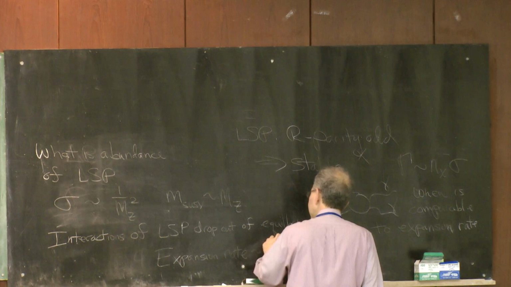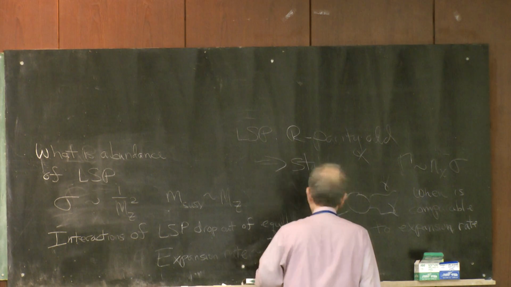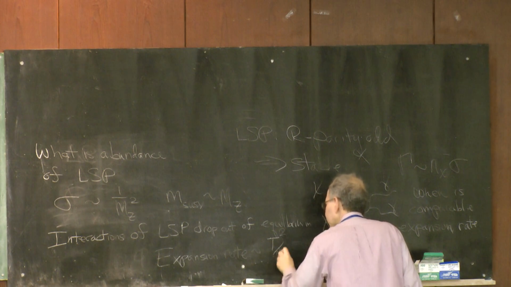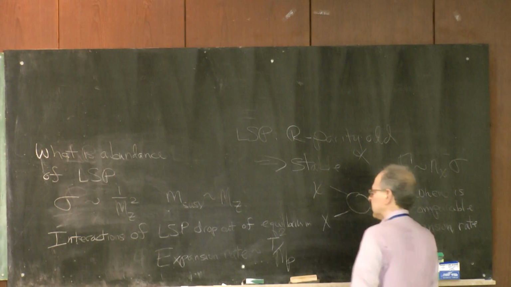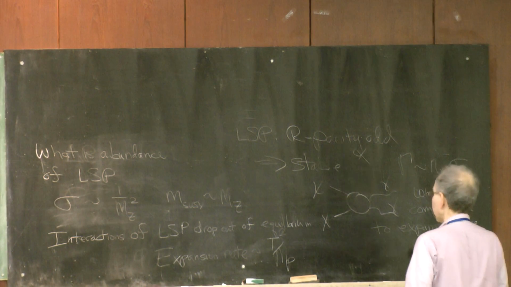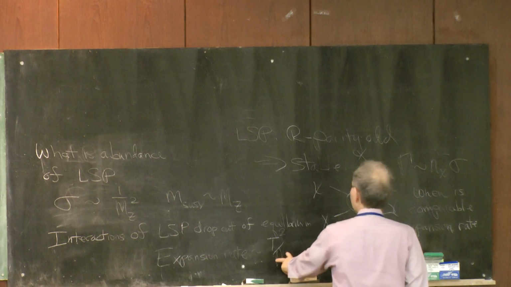goes as T to the 4th over T squared, excuse me, this you learned from Slava, over m Planck. So it goes like the temperature squared divided by m Planck. And so I want these two things comparable.